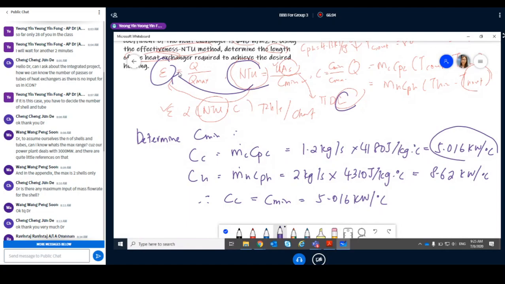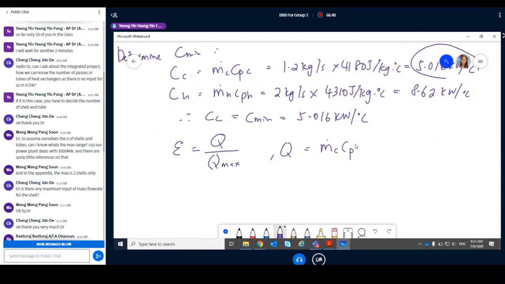Okay. So after that, you just need to do the calculations whereby effectiveness equals Q over Q max. And then you can easily get the Q. So I will use MCCPC, TC out minus TC in, because maybe some of you will ask why I don't use M hash CP hash, TH in minus TH out.